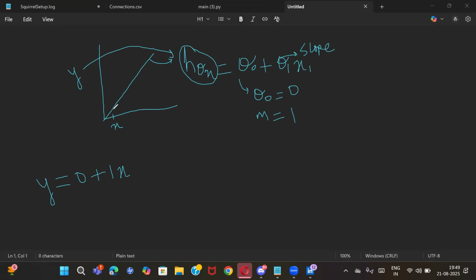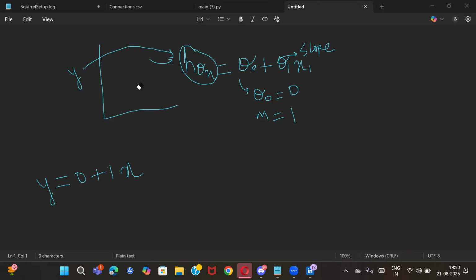So somewhere here will be the point. Let's not create a line here.